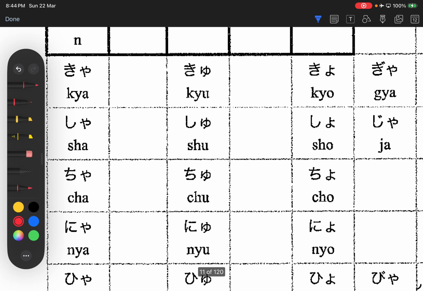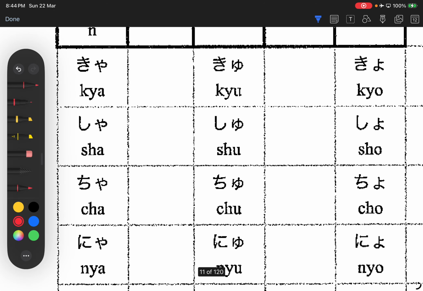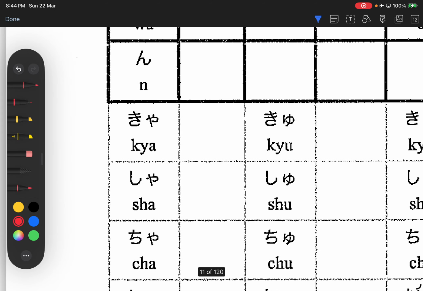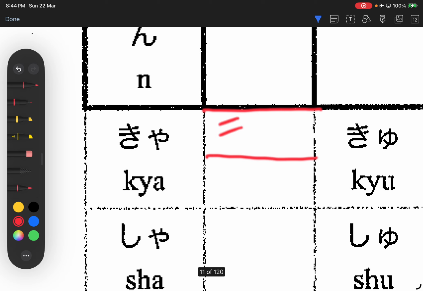Right? So when we go down to the next one below, you see that they are two hiragana letters together, right? So what's so unique about these two? Okay. Let's say I have a sentence like that. So this is ki and ya.